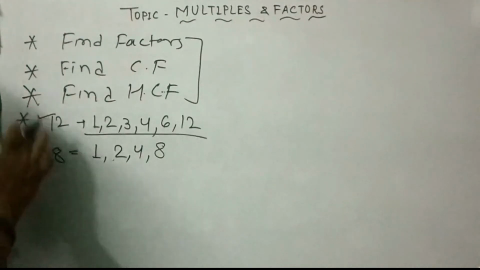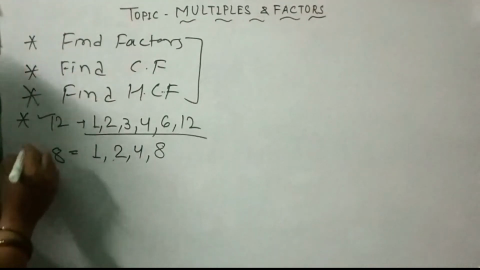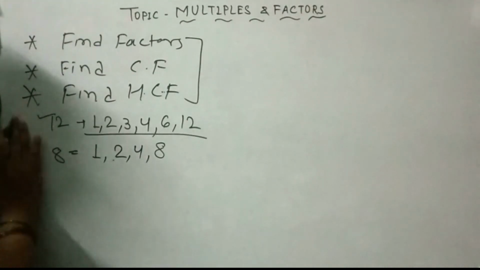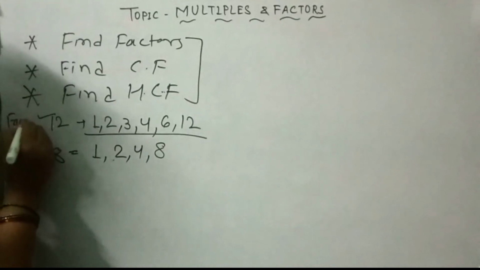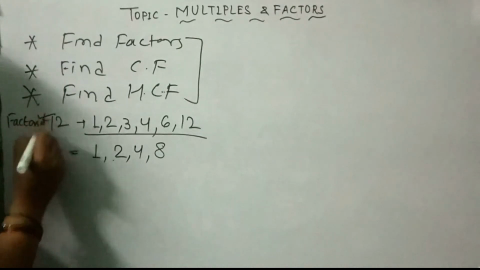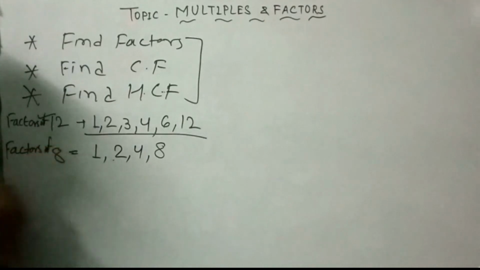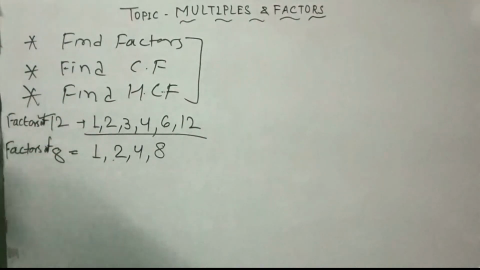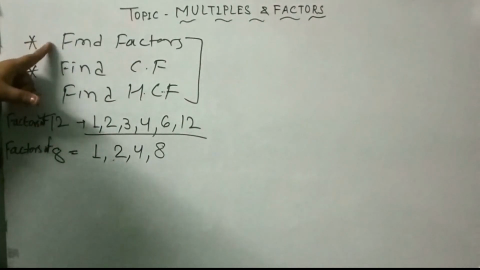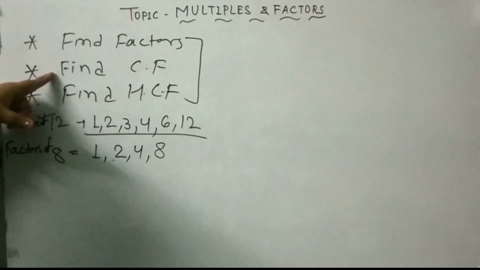After finding the factors of 12 and the factors of 8, what do we have to find? First step is to find the factors, second step is to find the common factors.